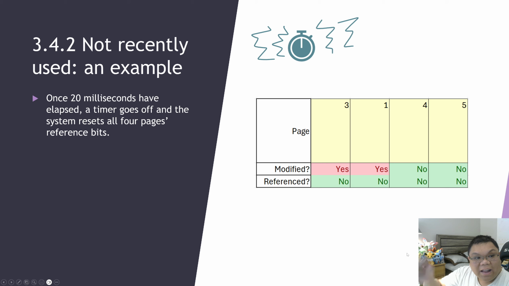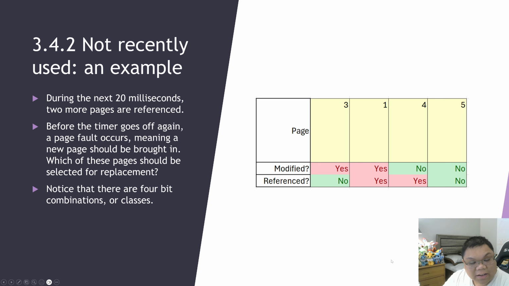When that clock goes off, we reset all the reference bits for all of our pages. And let's just say during the next 20 milliseconds, 2 more pages are referenced. So what does this tell us?